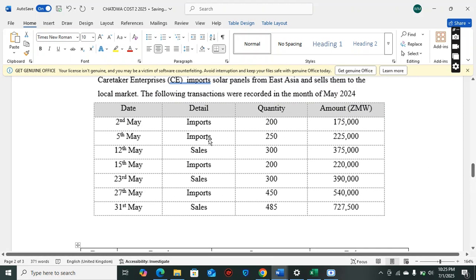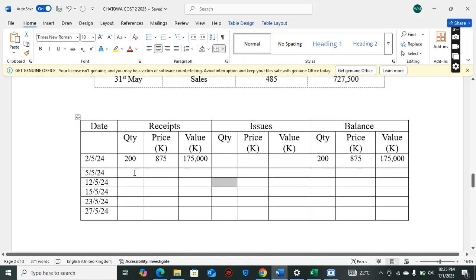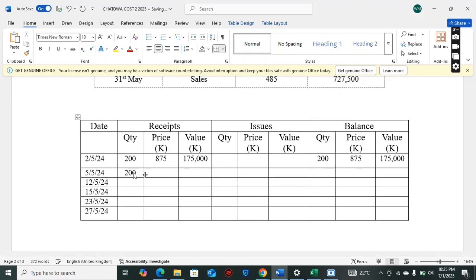Then again, we had another purchase or an import. Imported 250 solar panels, valued at 225,000. So what's the cost per solar panel here?